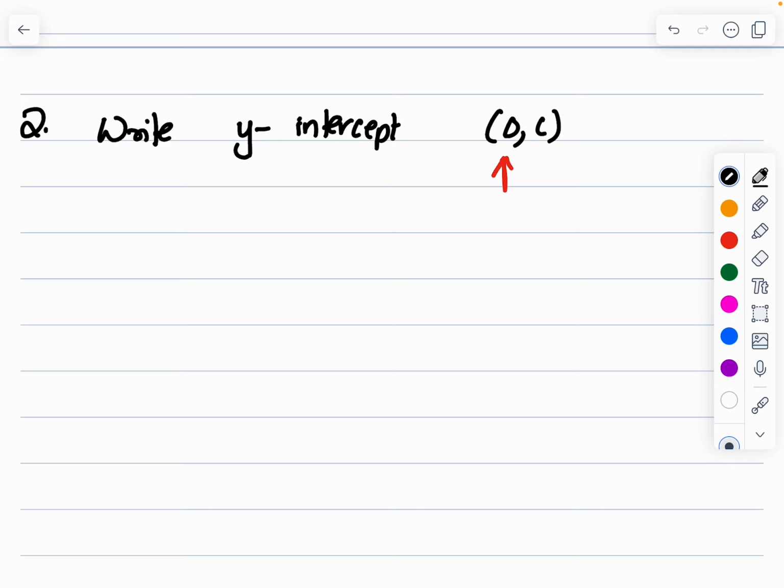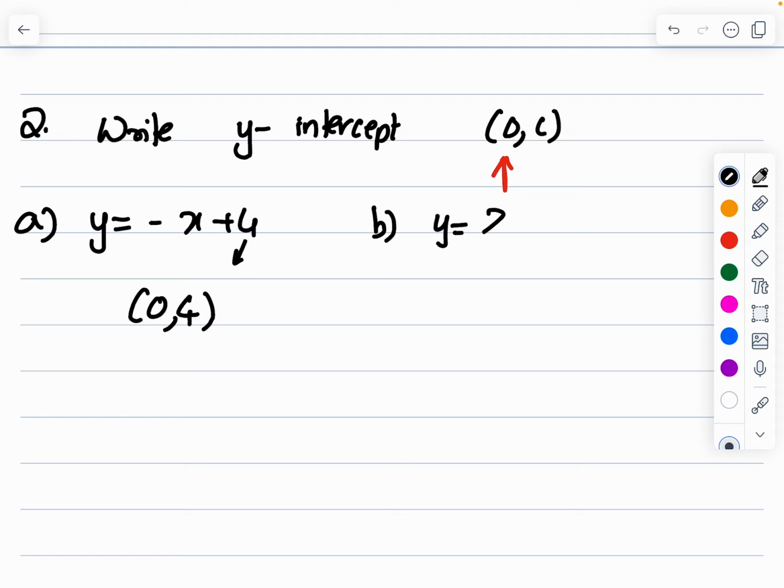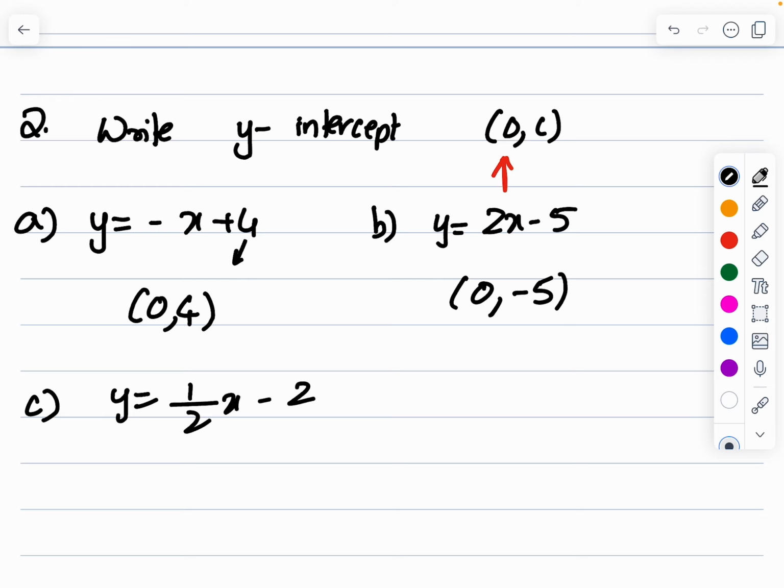Now coming to the first question, y equals negative x plus 4. So 4 is going to be the c value. So (0, 4). Part B, y equals 2x minus 5. So the y-intercept is (0, negative 5). Then y equals half x minus 2 upon 3. So it is (0, negative 2 upon 3). y equals negative 3x.